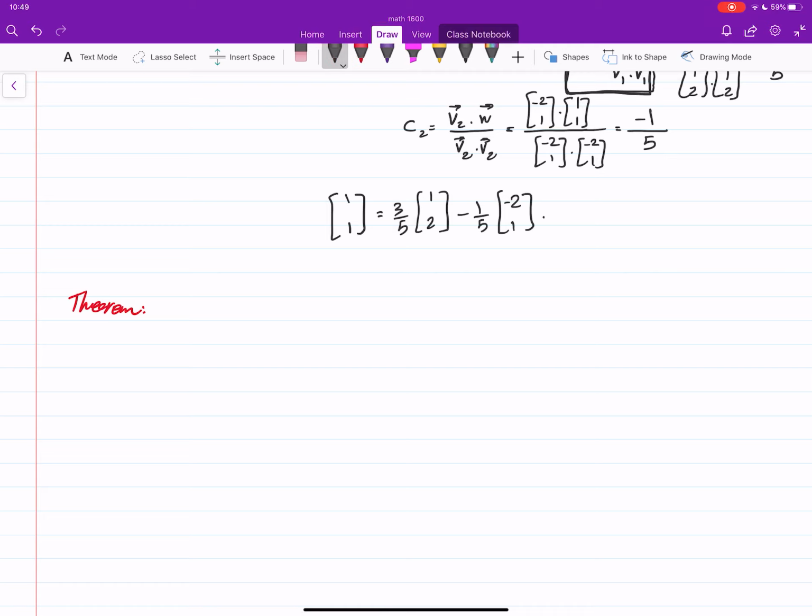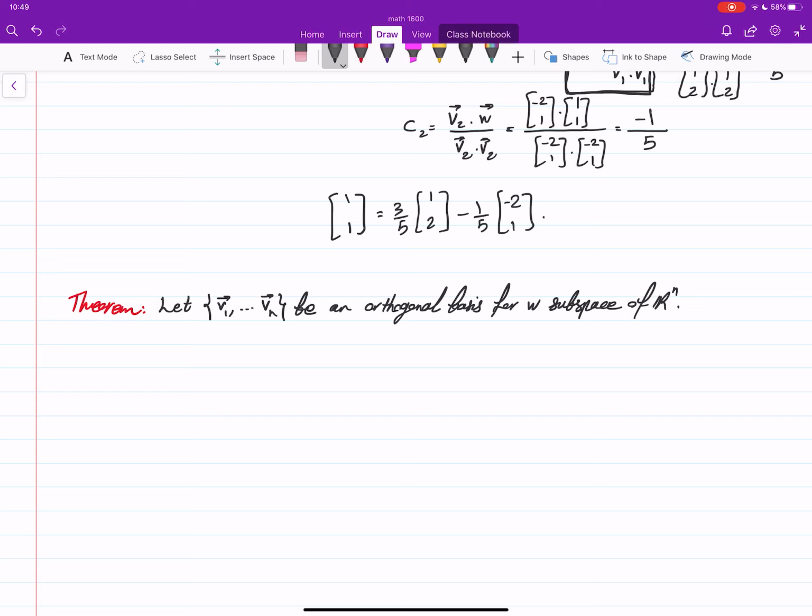Theorem: let v1 up to vk be an orthogonal basis for a subspace W of Rn.